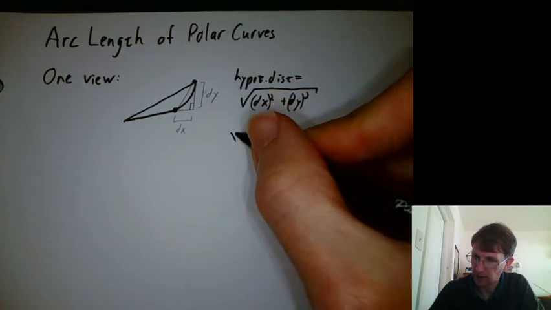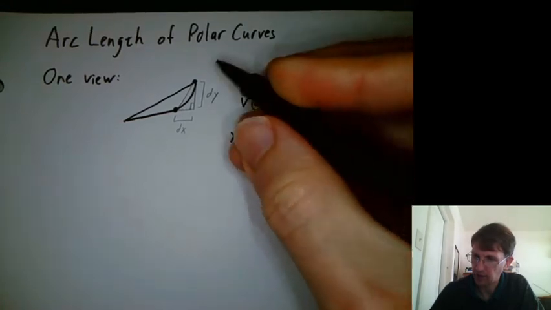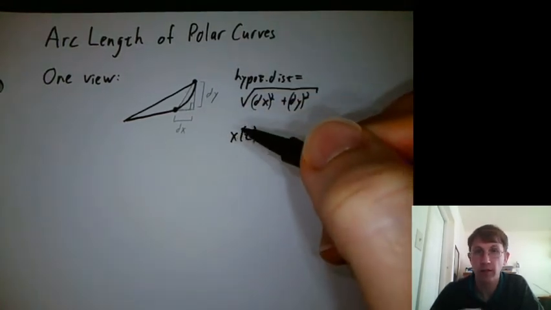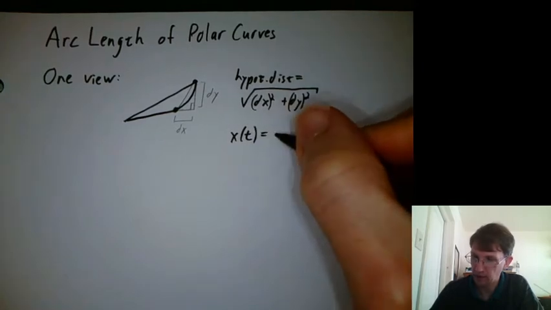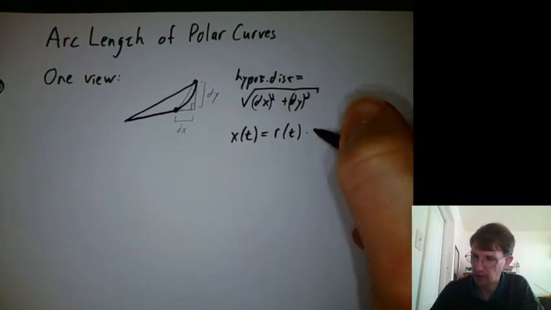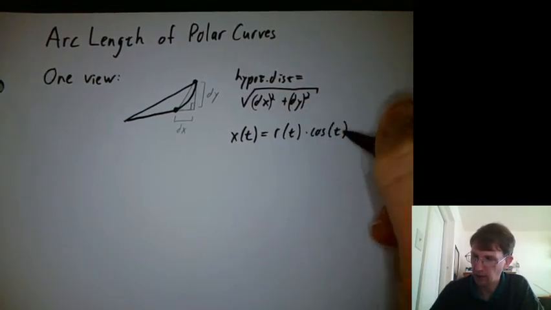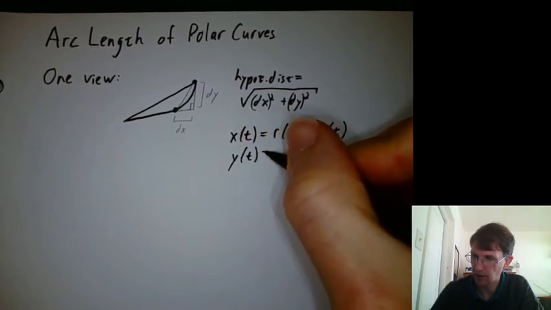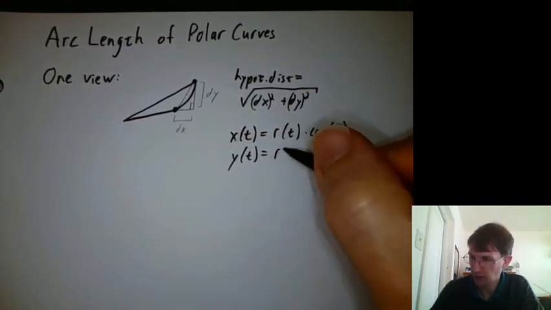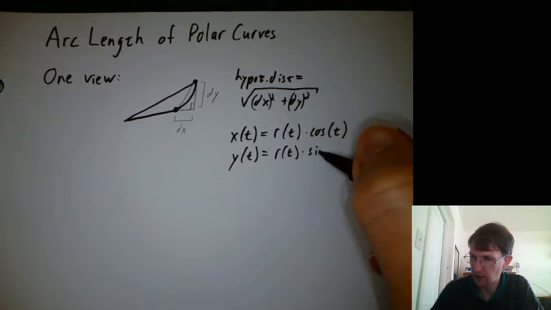We could say x at time t, or location theta, is equal to r of t times cosine t, and y of t is, do you remember, r of t times sine t.